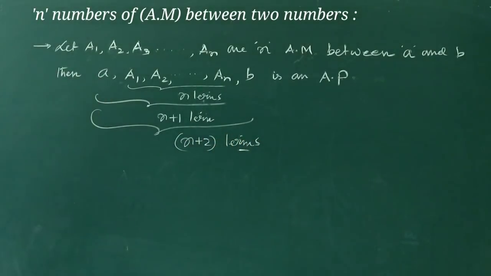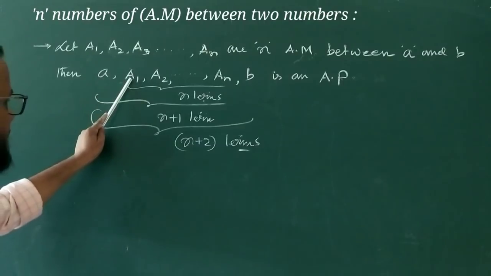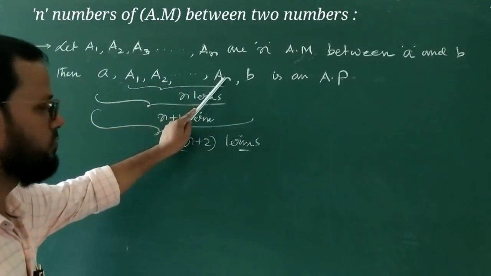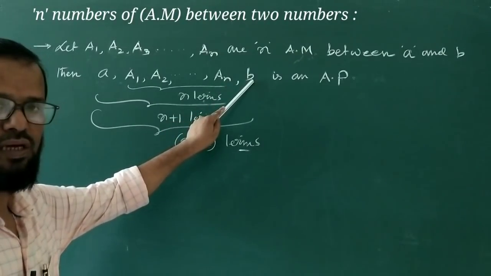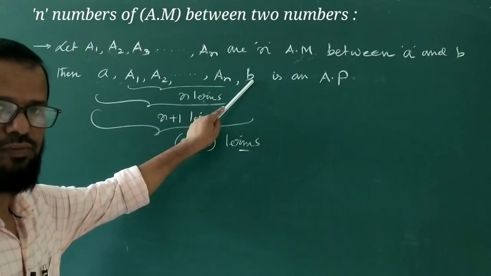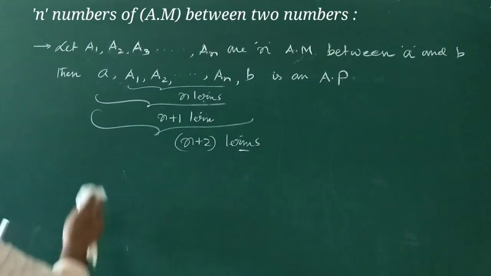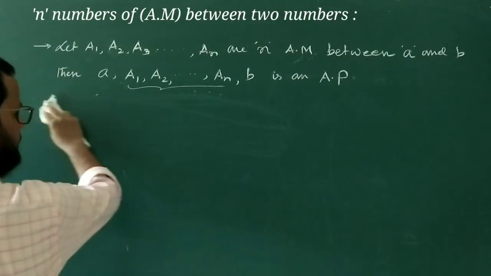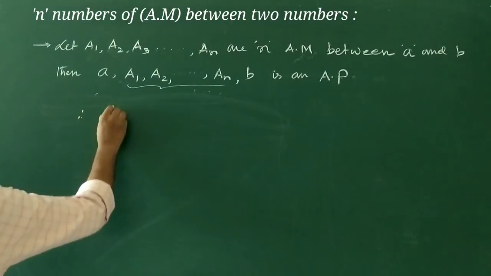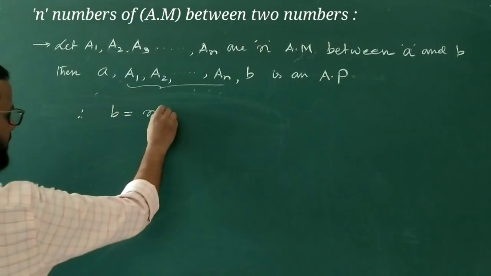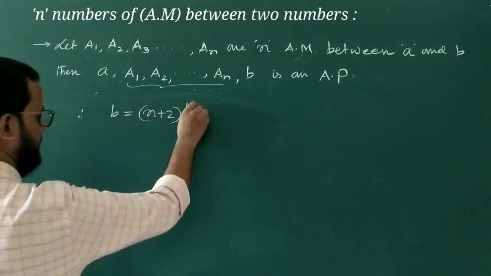So if this is the first term, the second term, the third term, then this will be the n plus 1th term, and the last will be the n plus 2th term. Okay? Therefore B equals the n plus 2th term.